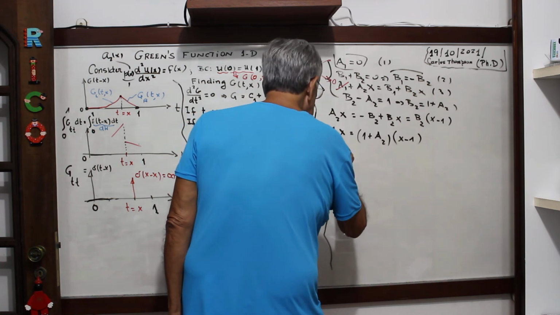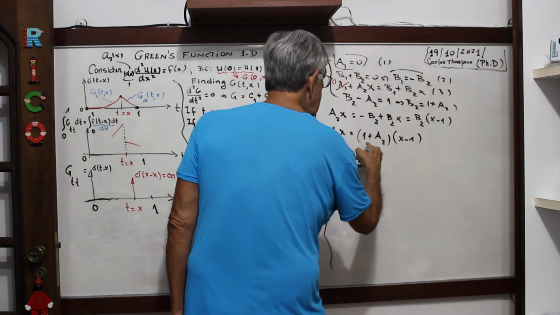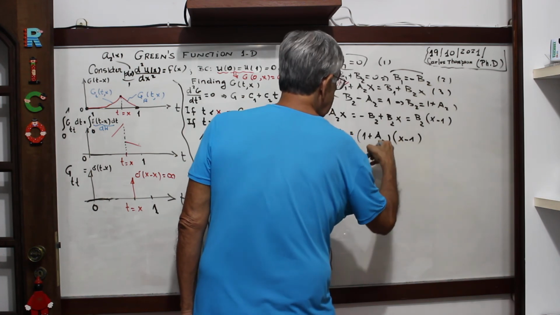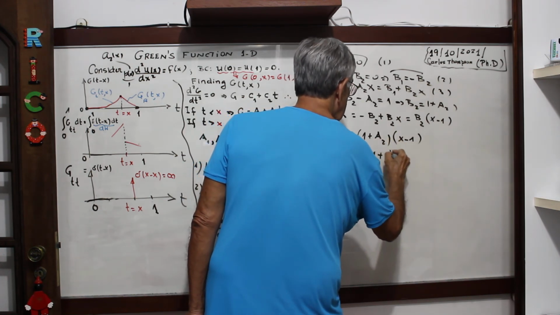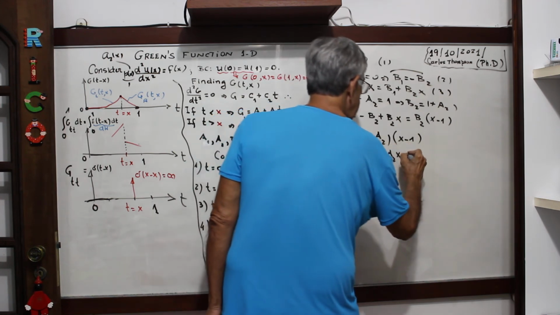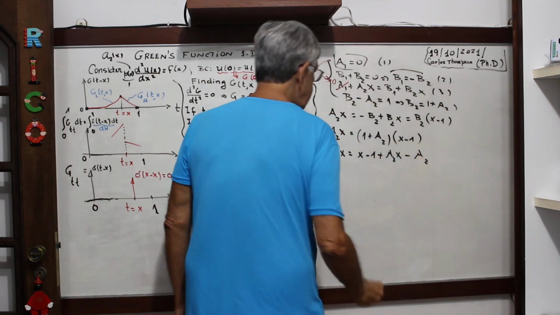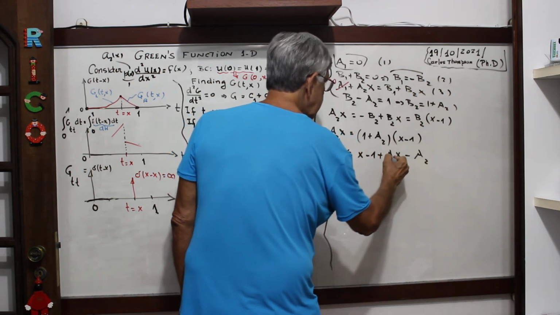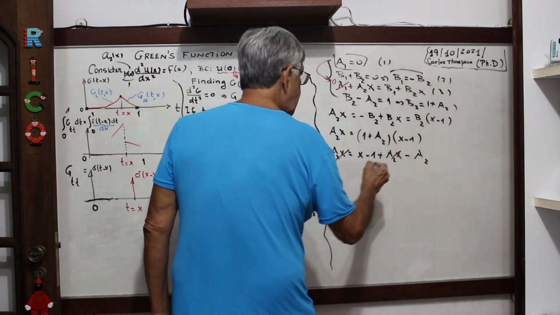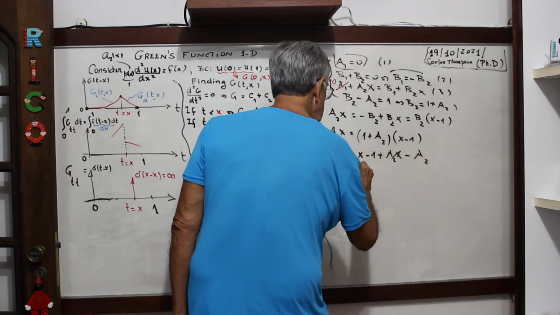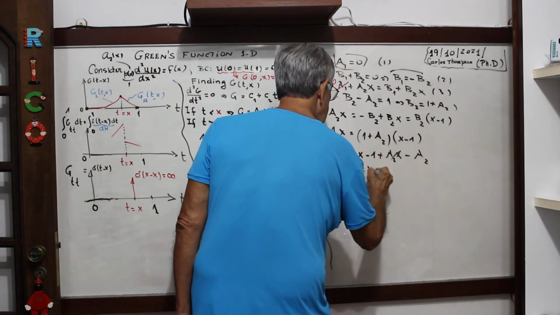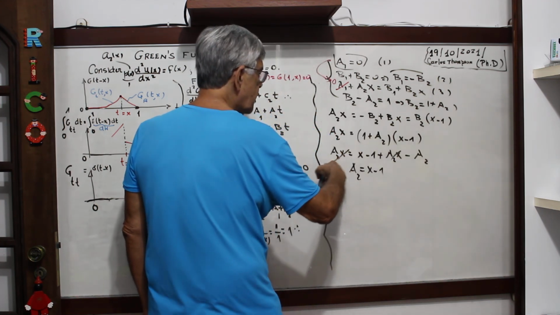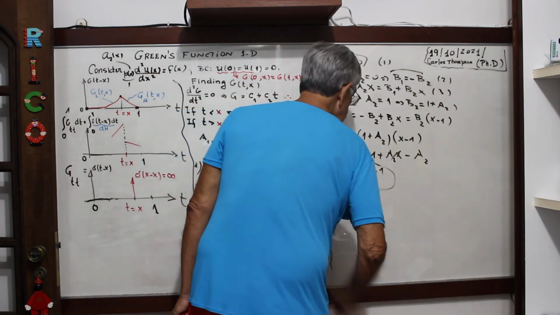Now, A2 x is equal to, let's put here, 1 plus A2 times x minus 1, which is x minus 1 plus A2 x minus A2. You see? So I simplify this and this. So here, A2 is equal x minus 1. Just plug A2 on the left-hand side. A2 is x minus 1.